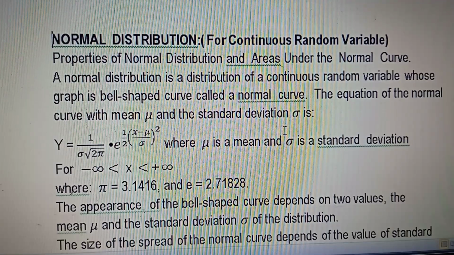So we have the properties of the normal curve.